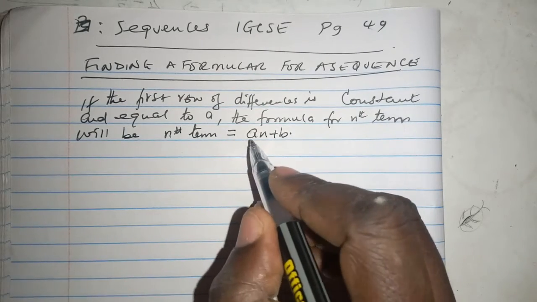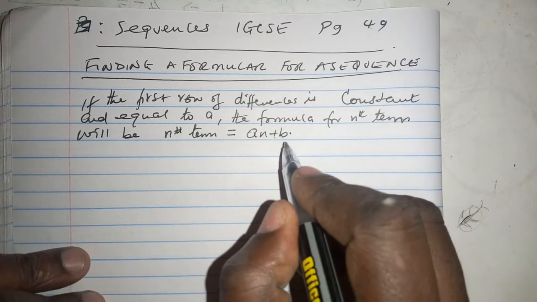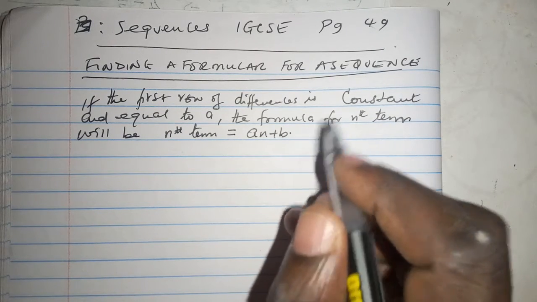Remember, A is the difference, and b is another constant.